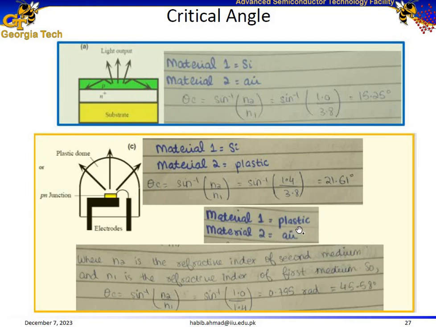And the critical angle for light moving from the plastic to air comes out to be 45.58 degrees. So we get a much wider critical angle if we encapsulate the semiconductor structure using a plastic dome, because it results in matching of the refractive indices of the silicon to the plastic dome to air.